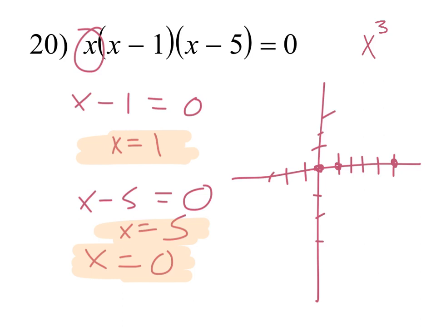Are any of the x's negative? No. So we have a positive x to the cubed. So how's our graph going to end? Going up. And it's odd, so how's it going to start? Going down. So it's odd, so they're going in opposite directions, and then we just connect the dots in the middle.